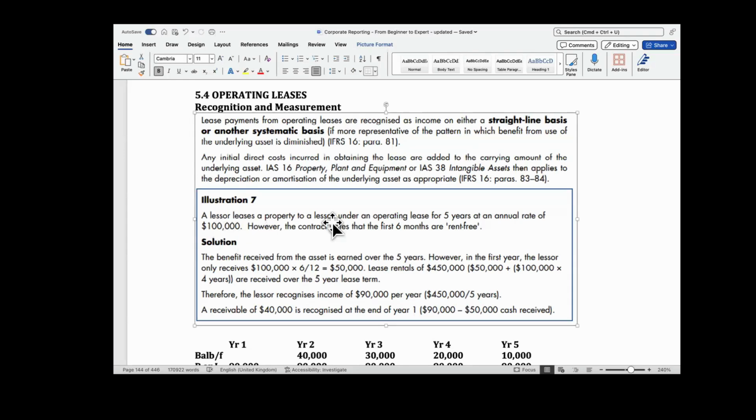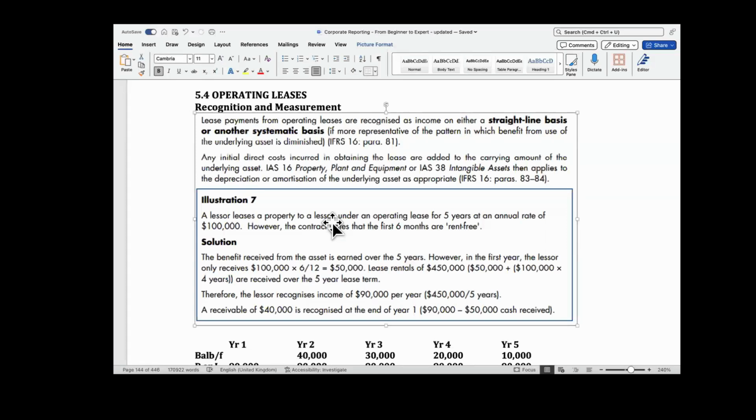But since they told us that the first 6 months is rent-free, that goes to show that in the first year, we are only going to get 50,000, not 100,000. Then in the subsequent year, we'll get 100, 100, 100, 100.